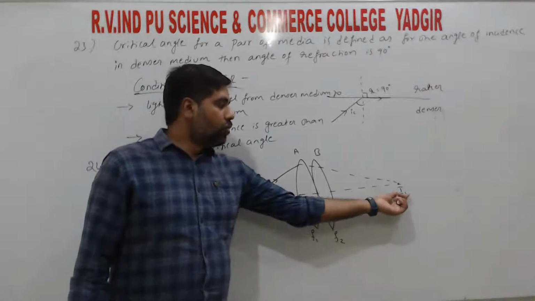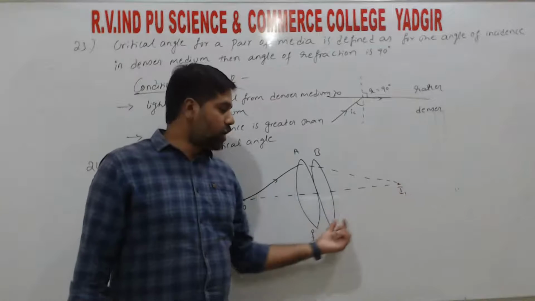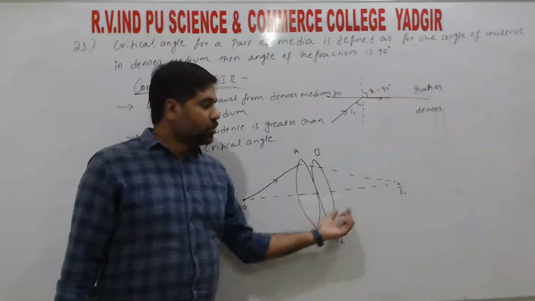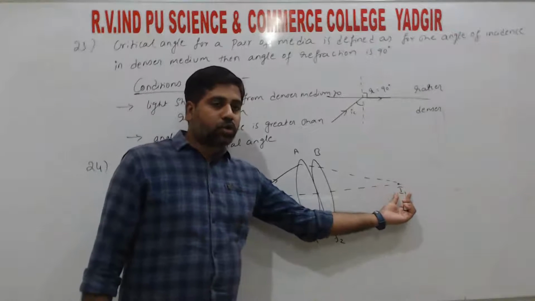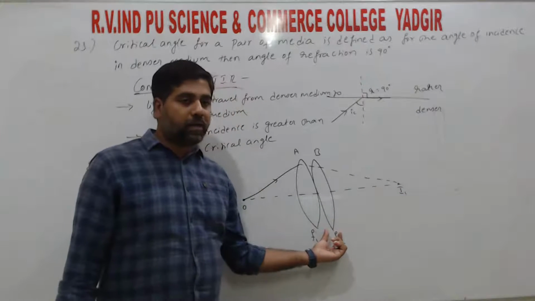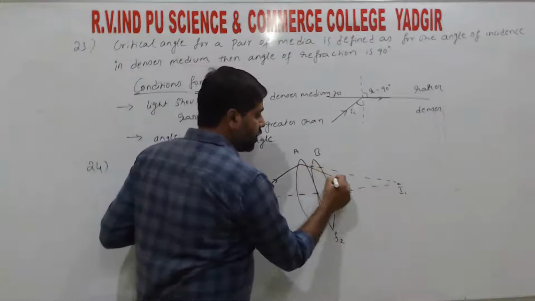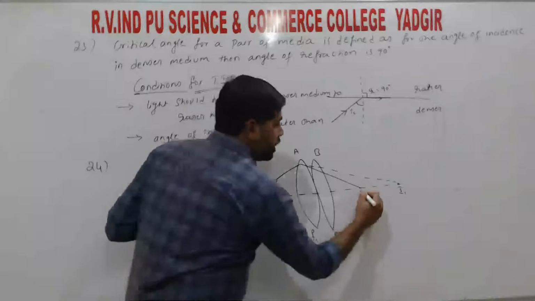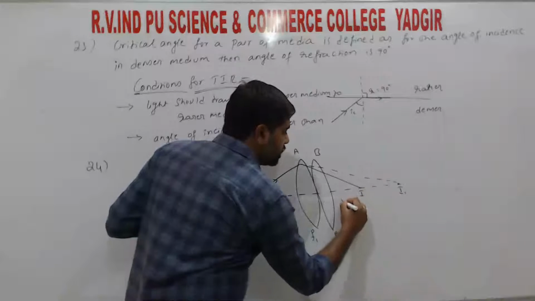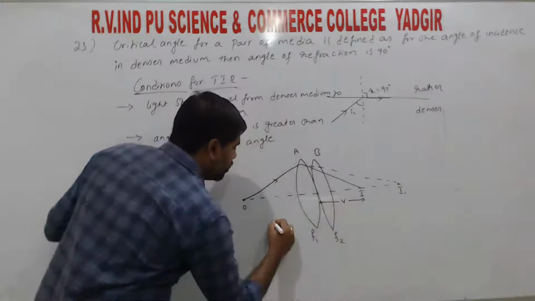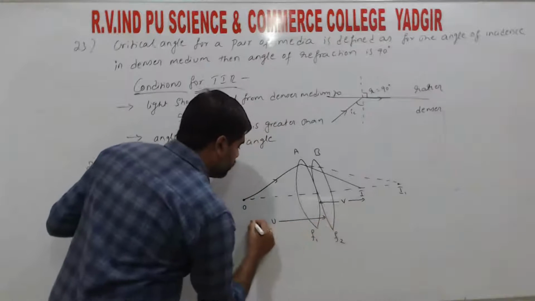The first image is formed because of the lens A. This image acts as a virtual object for the second lens B. So this becomes the incident ray. Then finally we are getting the image I, which is at a distance V. So image distance is always taken as V, the object distance is taken as U.